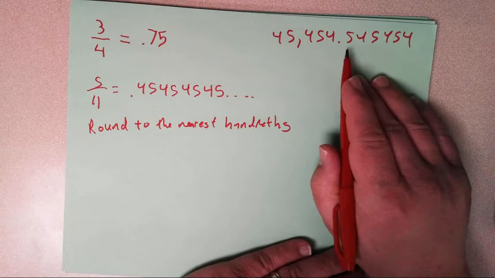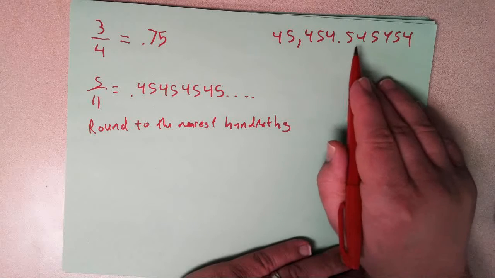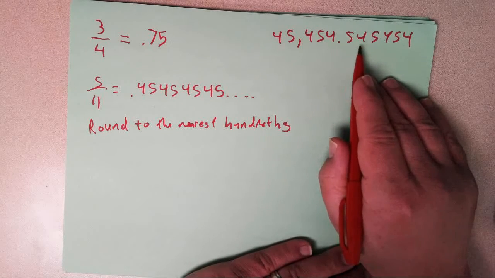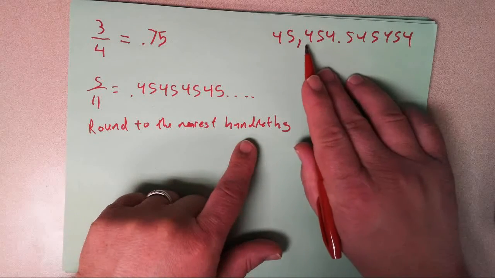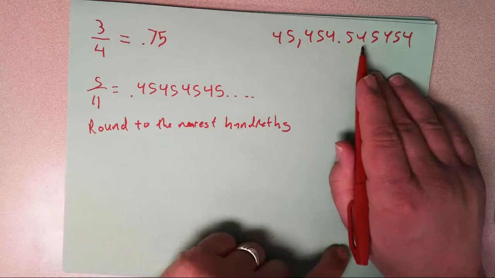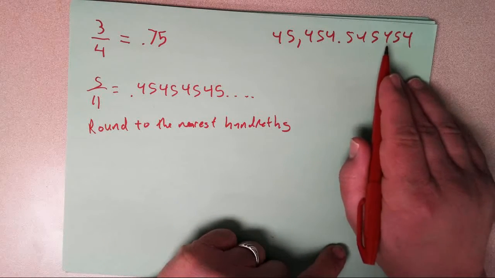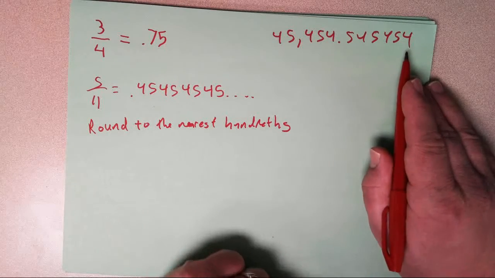There is no 1th place, but this is the 10ths place, like 5/10ths, which would be 1/2, 0.5. This is the hundredths place, instead of the hundreds place. This is the hundredths place, the thousandths place, the 10,000ths, the 100,000th, the millionth place.